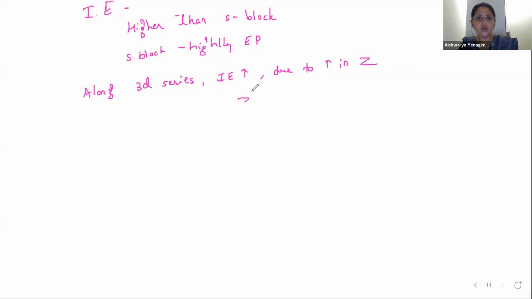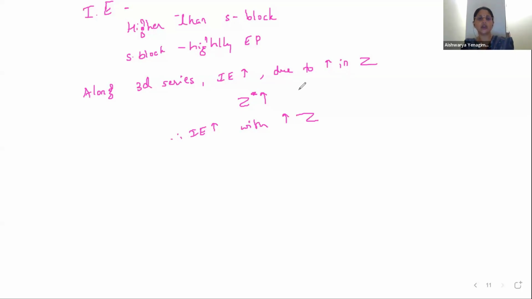So the effective nuclear charge increases, but not to the extent noticed in group 2 and 3, period 3 elements. Therefore, we say ionization energy increases gradually with increase in atomic number, meaning the relative difference between successive elements is very less.